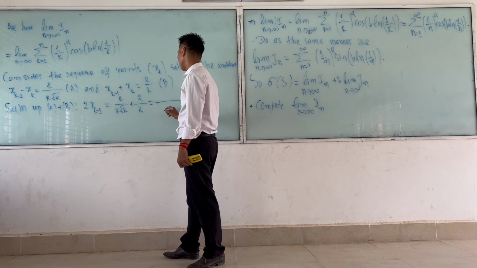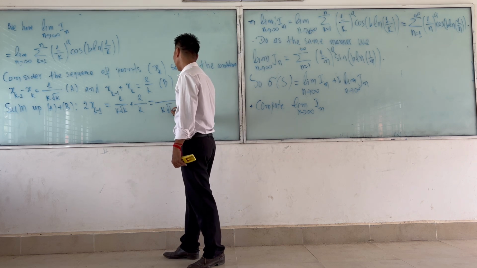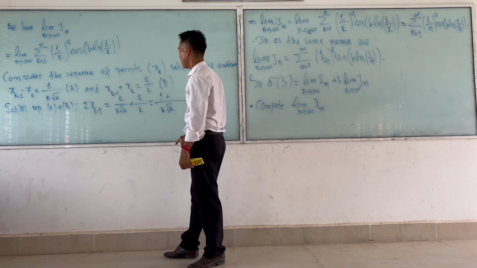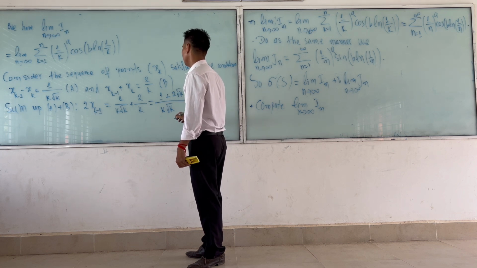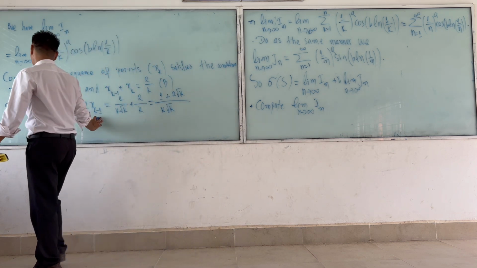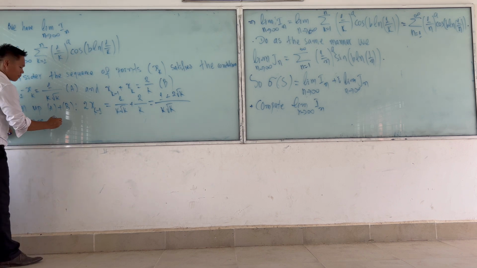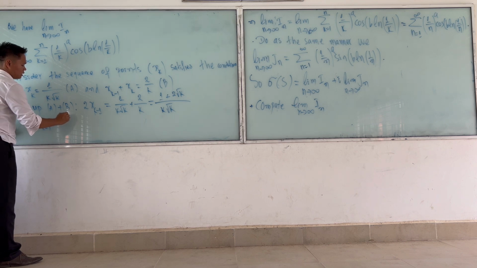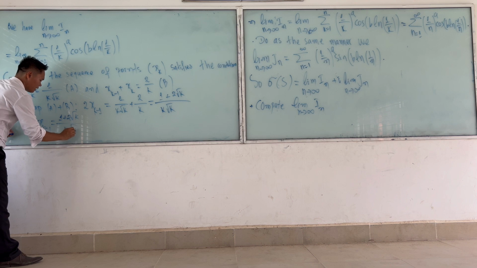The common denominator of these two fractions is k square root of k. So here you get 1 plus, here you multiply by the square root of k, 2 square root of k, right? So 2 times xk minus 1 equals 1 plus 2 square root of k, divided by k square root of k, right?